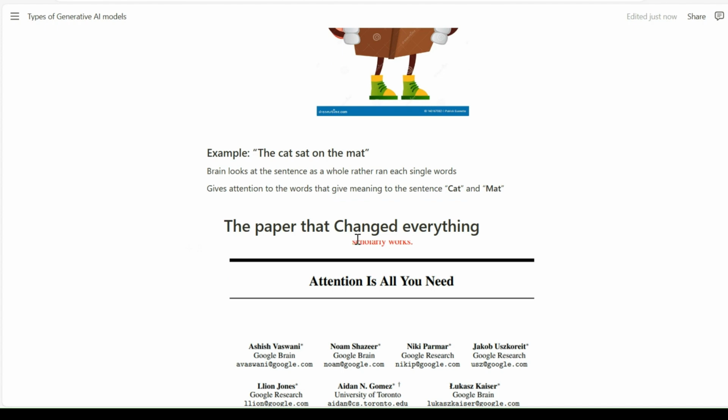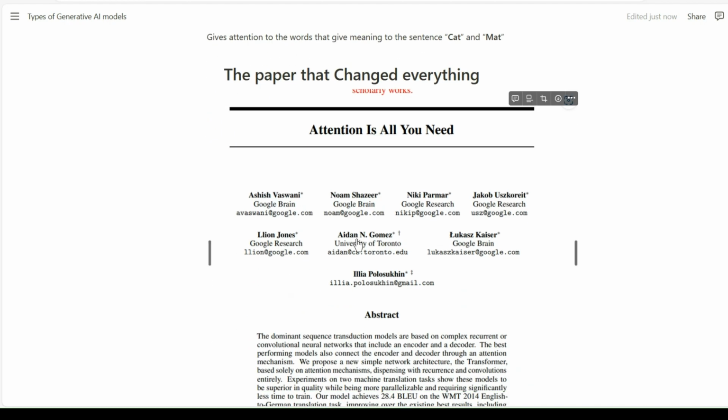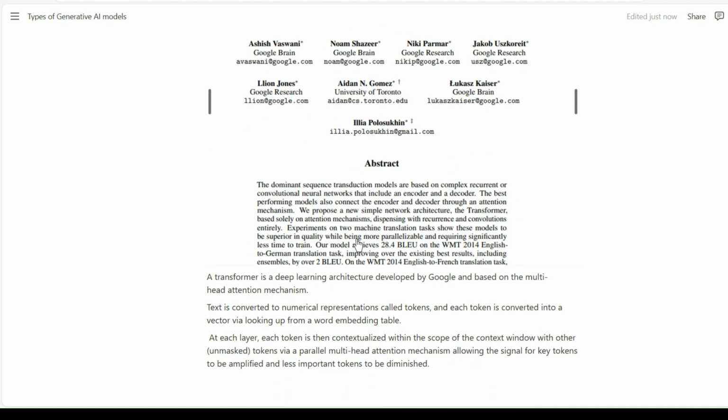There was a paper released in 2017 by Google called "Attention is All You Need." This paper changed everything in the generative AI space. So what does it say?